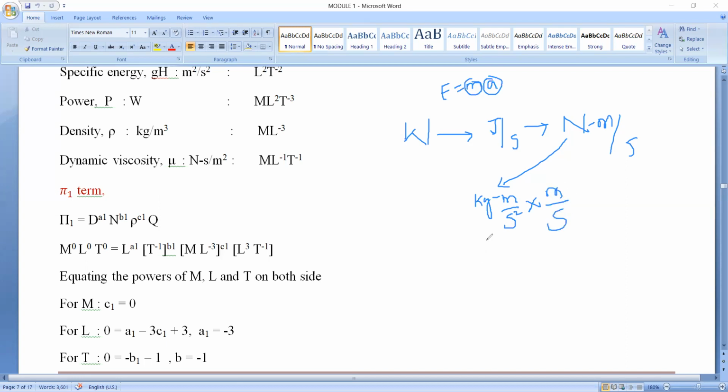So ultimately we'll get in the numerator kg. For kg we have mass m, and meter square. For meter we have length, that is L square, and in the denominator we have second square into second, that is second cube. If we take it to the numerator, you will get t to the power minus 3, and hence the dimensional form for power is m L square t to the power minus 3.